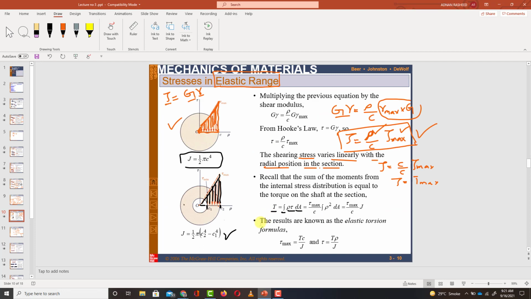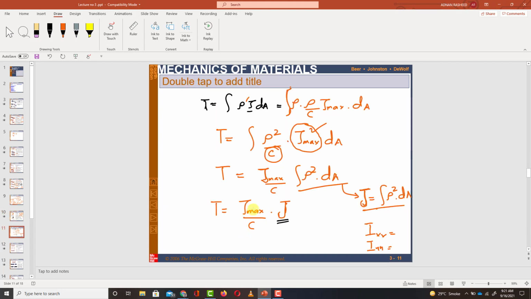Okay, so now we will find out the maximum shear stress. A very important and basic formula: maximum shear stress due to the torsion. If you leave this here and multiply c with this, that will be T into c, and you will divide by J. So this is the famous formula, tau is equal to T into c over J. This is the tau max. Maximum shear stress is equal to the product of torque into radius divided by polar moment of inertia.